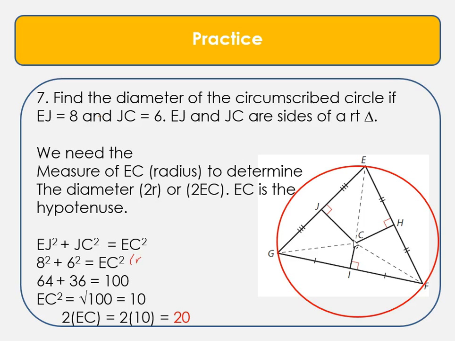So EC will be radius squared. 64 plus 36 equals 100. The square root of EC squared equals 10. So you need diameter for the answer to this problem. So 2 times EC, or 2 times 10, will equal 20. So the diameter of the circle is 20 degrees.